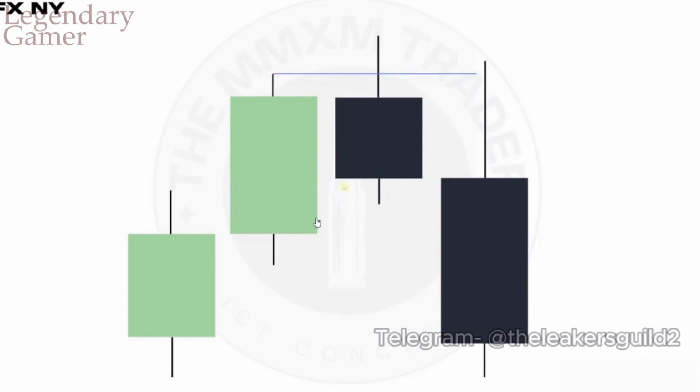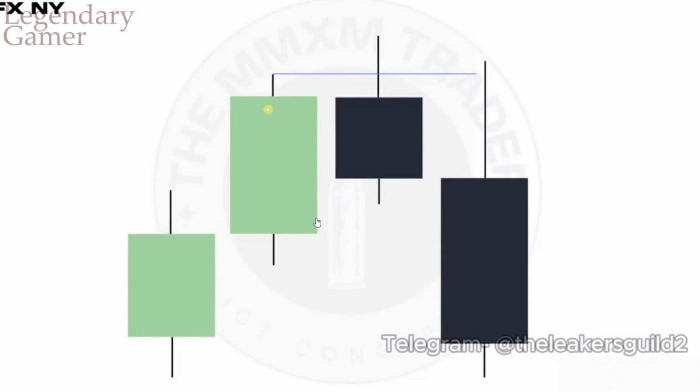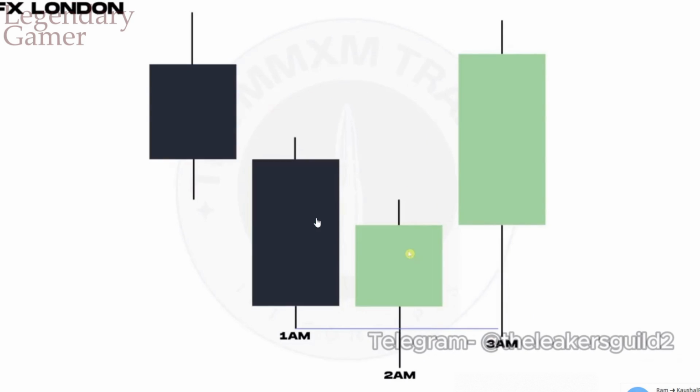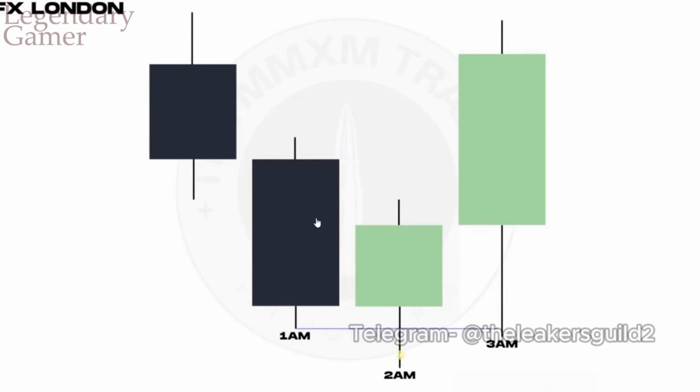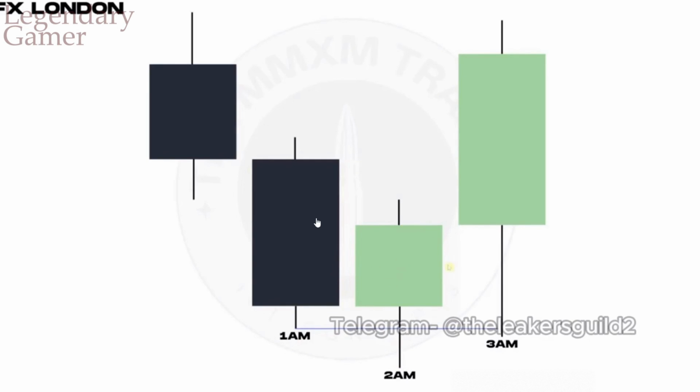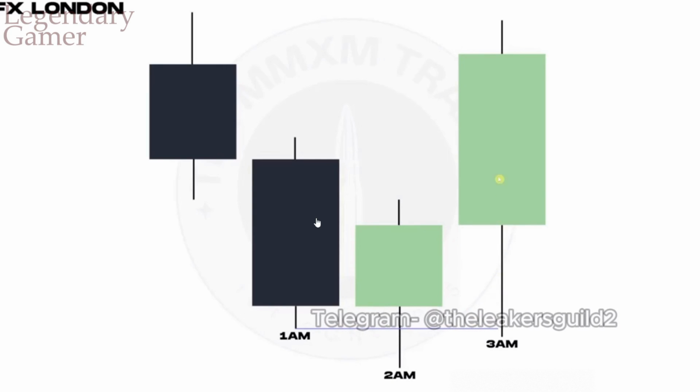So again, always with the swing formation, we want to close inside of the range, right, as you can see over here, and then the third candle should be a distribution. And for Forex London, right, we're going to be using the 1 AM low getting raided by the 2 AM candle, and the 2 AM candle needs to close inside of the range, so we can trade the 3 AM candle, which can be a distribution up higher in this occasion.